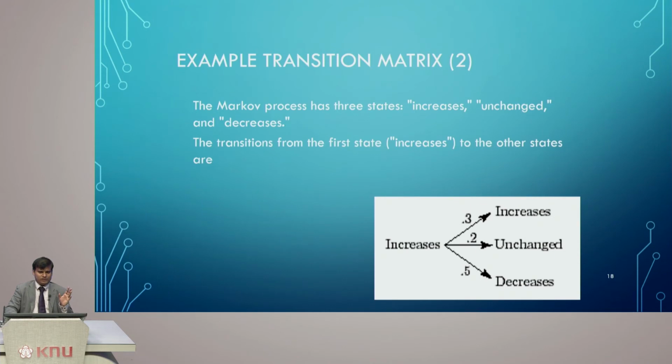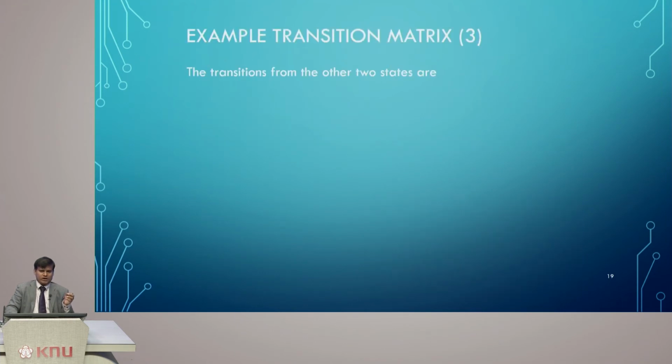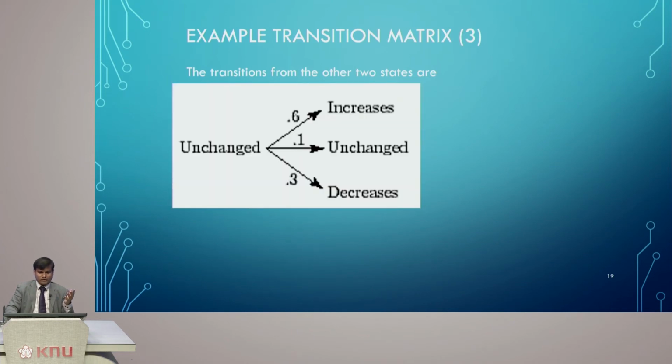For example, the first one: if today the stock price increases, the following day the probability that it might increase is 0.3, the probability that it would remain unchanged is 0.2, and the probability that it would decrease is 0.5.